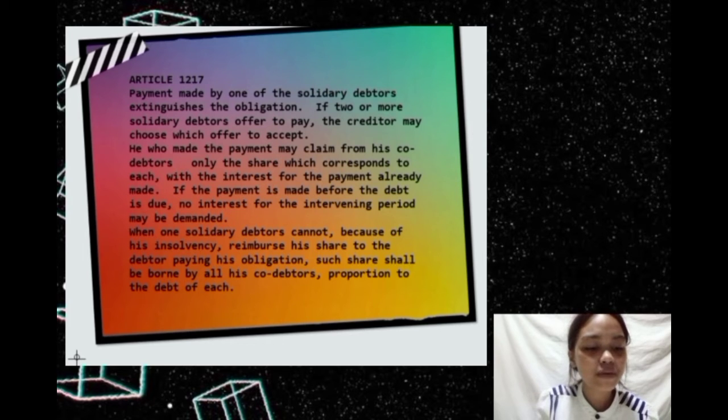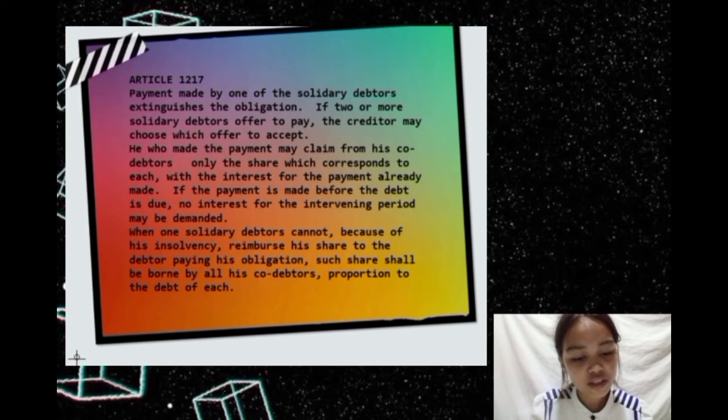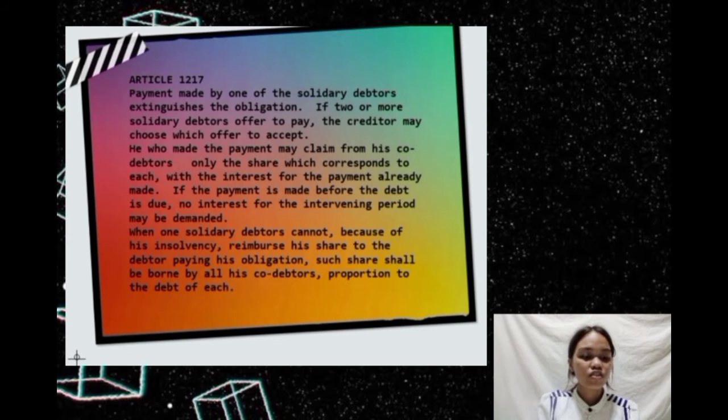If the payment is made before the debt is due, no interest for the intervening period may be demanded. When one of the solidary debtors cannot, because of his insolvency, reimburse his share to the debtor paying the obligation, such share shall be borne by all his co-debtors in proportion to the debt of each.